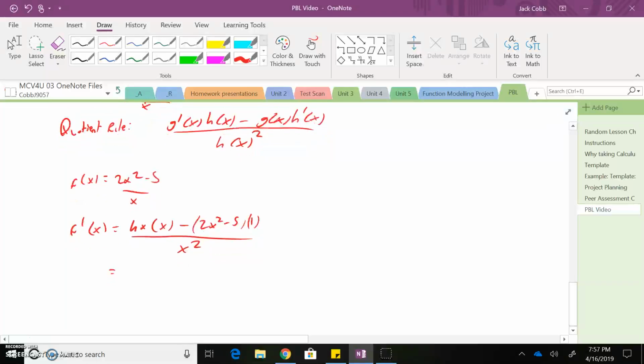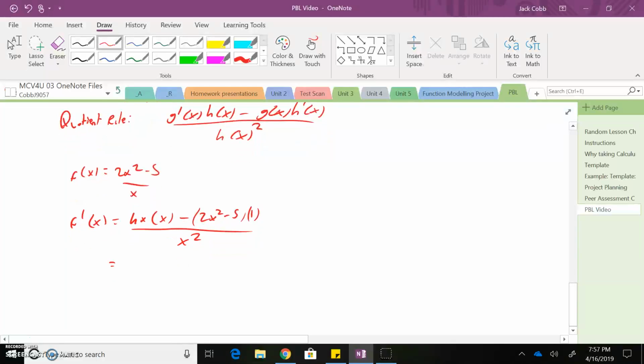That simplifies down to 4x squared, so that cancels out, minus 1. So we're looking at negative 2x squared plus 5 over x squared.